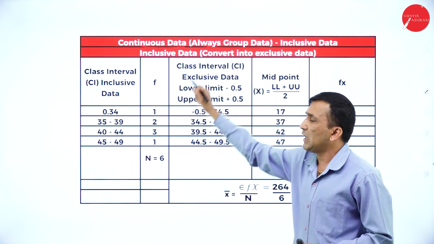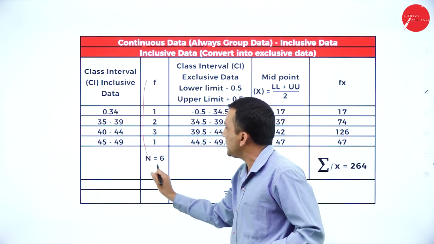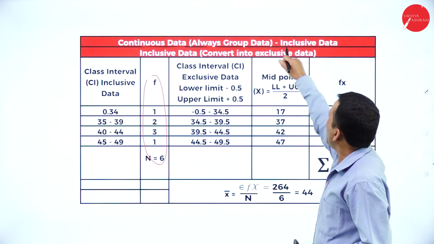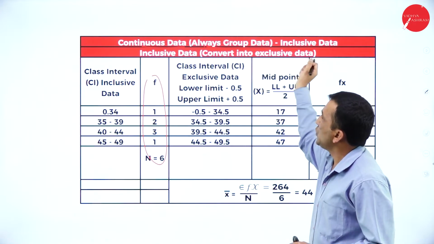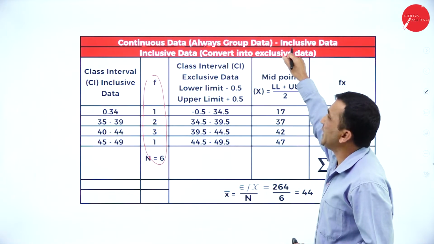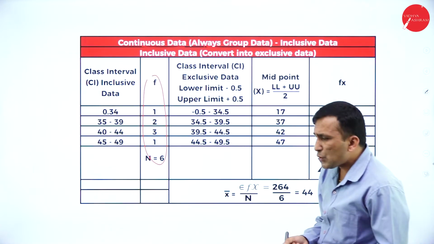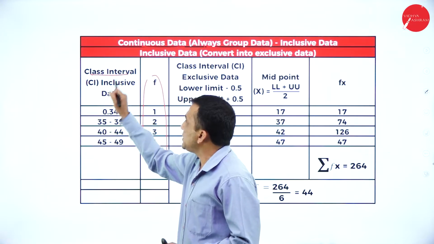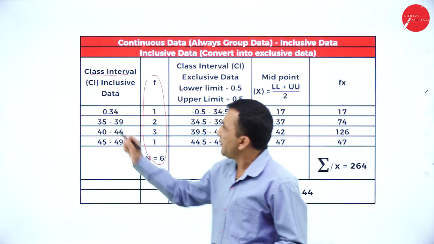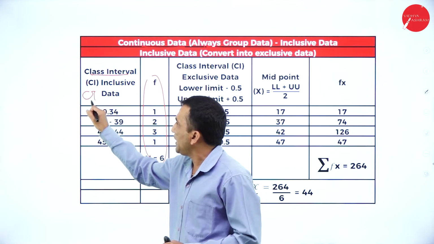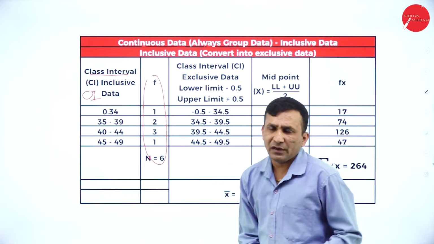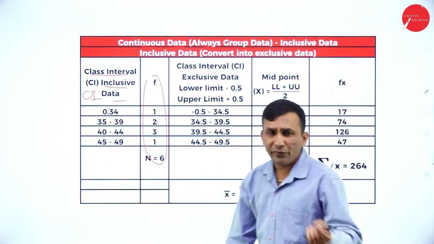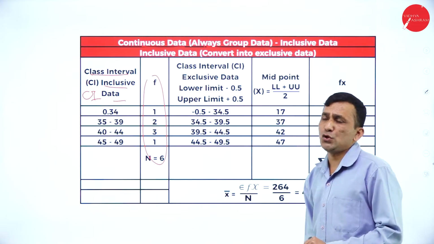Why? Because in a continuous series, frequency is compulsory, observations are given. Here there is inclusive data and exclusive data. In case of inclusive data, we are supposed to convert it to exclusive data. So here, in the class interval, we can write CI.